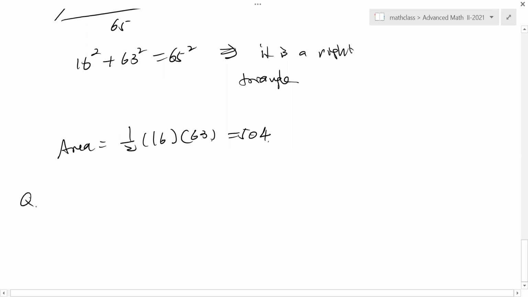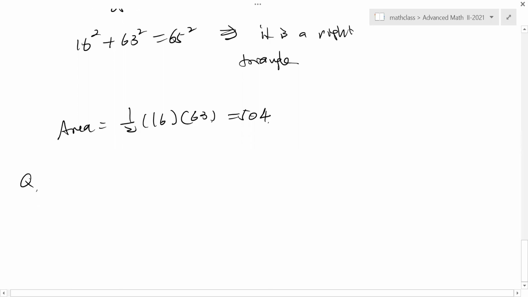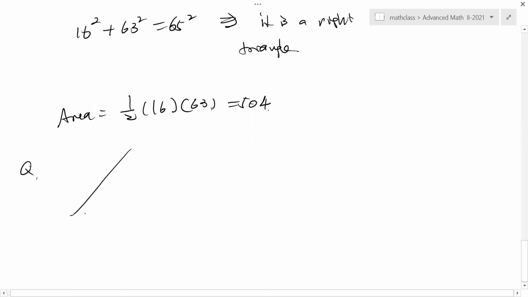So I'm going to ask you to do the next problem. I have an isosceles triangle, 17, 17, and 30. Find the area. Would you please work on this?